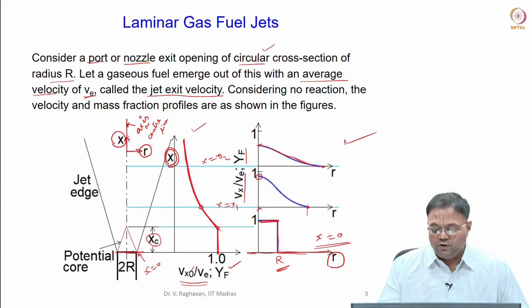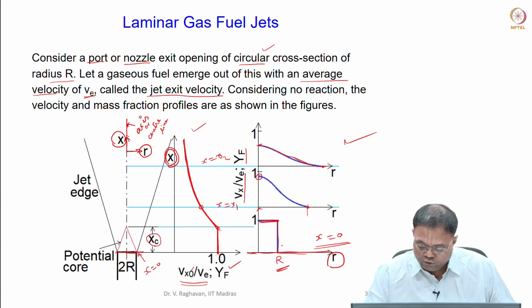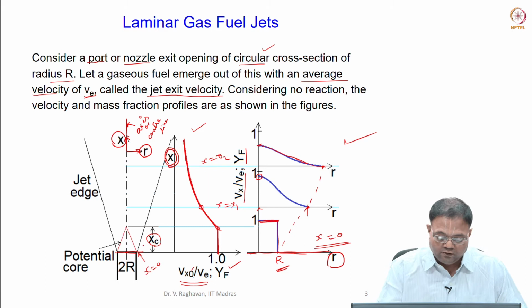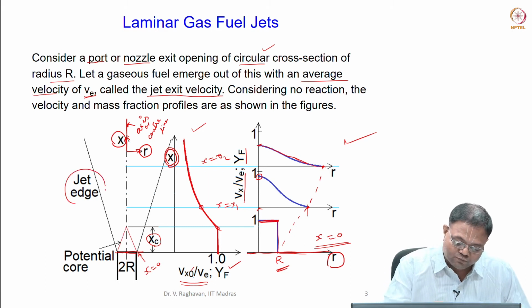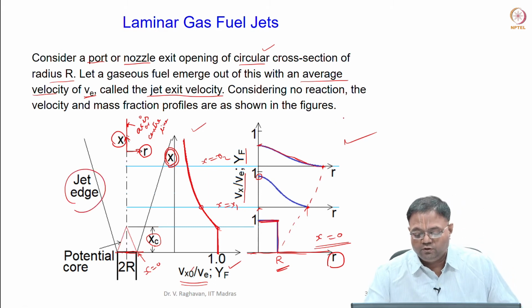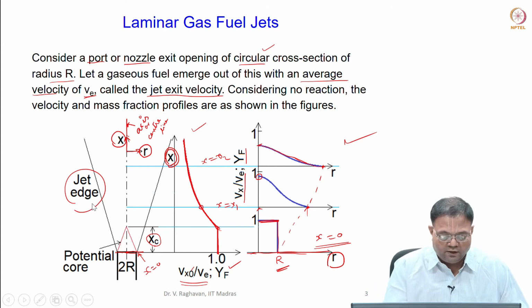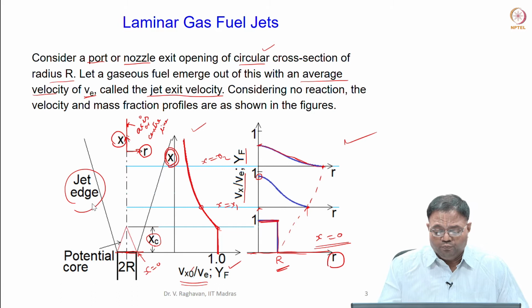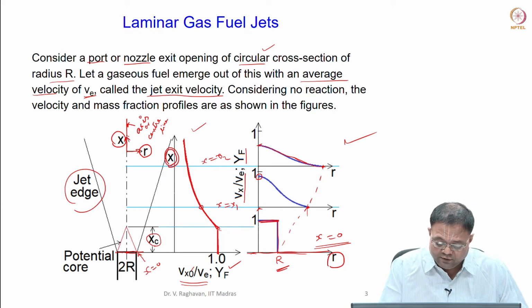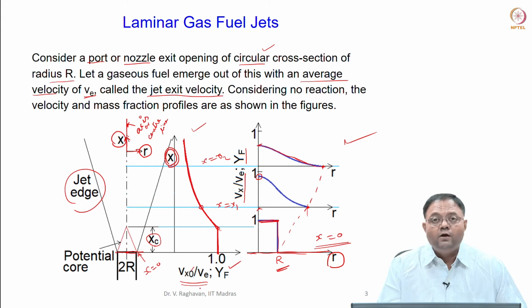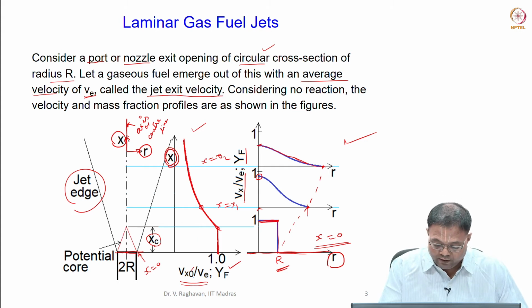So, when you try to join these points, that is what is shown qualitatively as the jet edge. Now, in the location where Vx by Ve or the mass fraction remains almost the same, like remains constant.